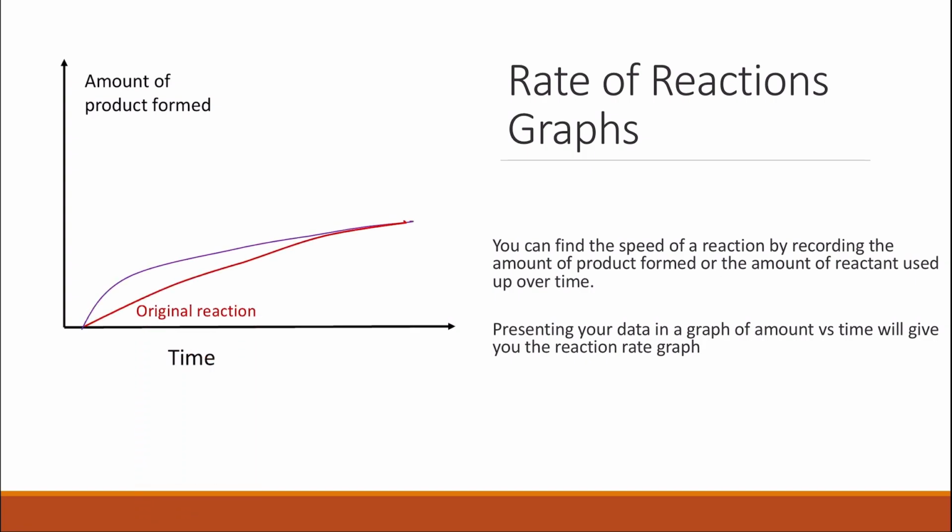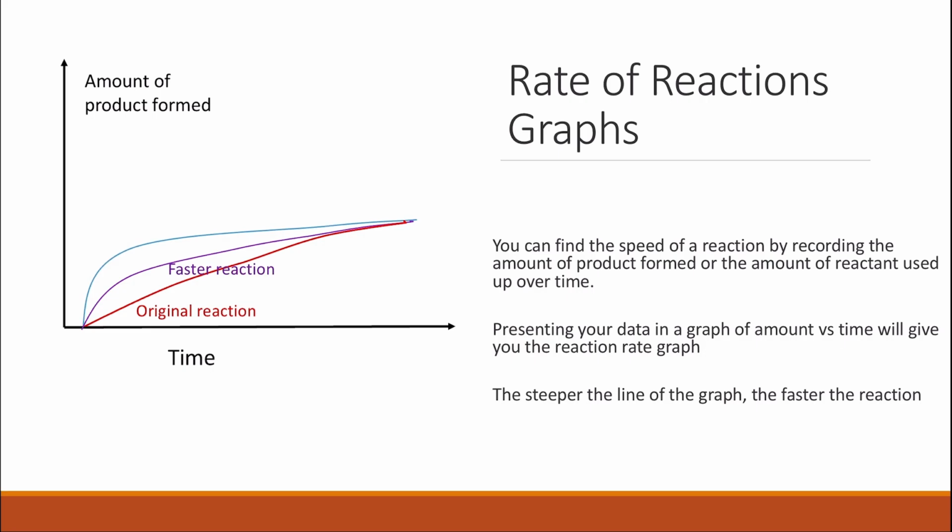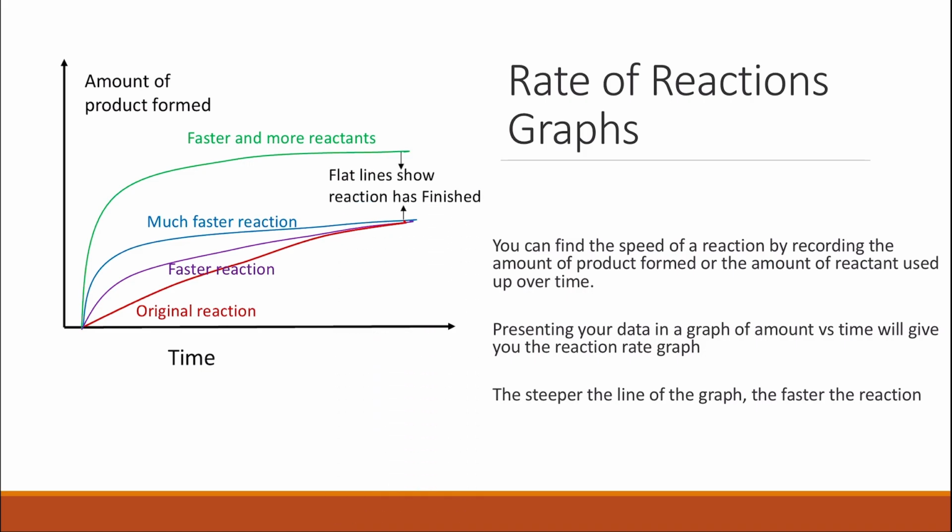So this is a representation of some reactions and how the graph will look different if the reaction becomes faster. As you can see, the steeper the line of the graph, the faster the reaction. Also, if we have more reactants and a faster reaction, then the graph will look different. The flat line at the end shows that the reaction has finished.